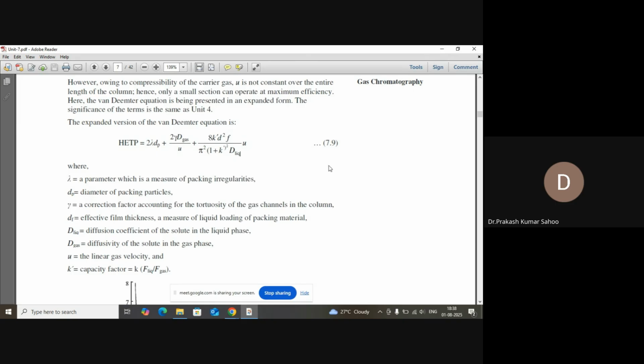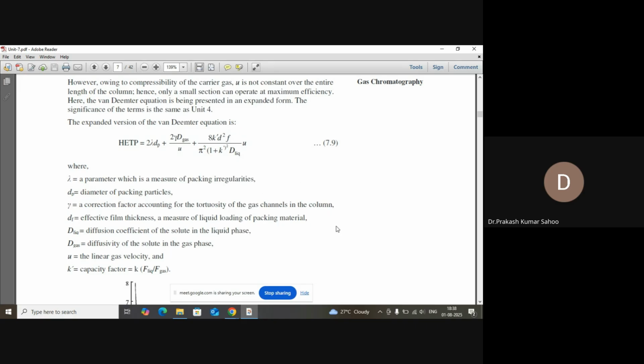So in this equation, lambda is the parameter which is the measure of packing irregularities, and dp is the diameter of the packing particles. Gamma is the correction factor accounting for the tortuosity of the gas channel in the column.